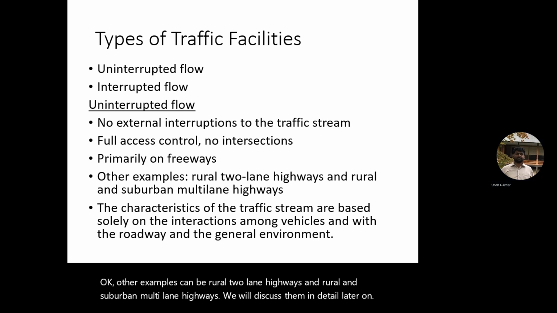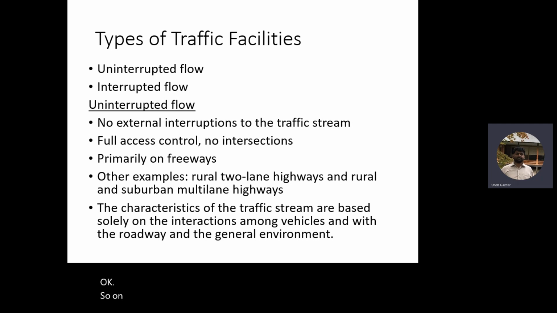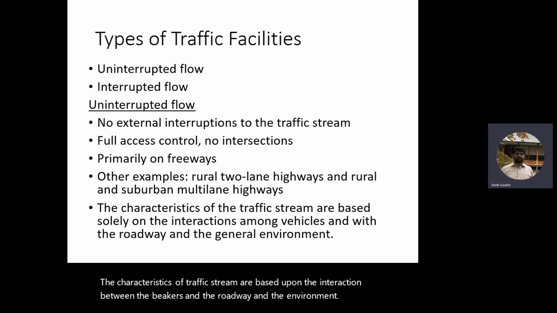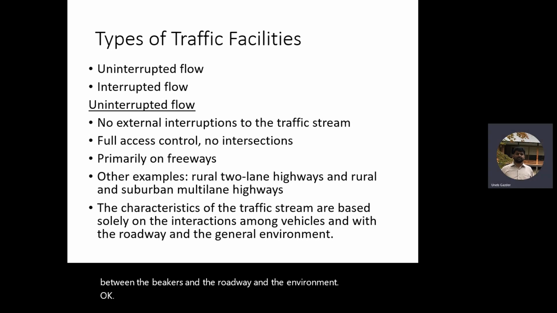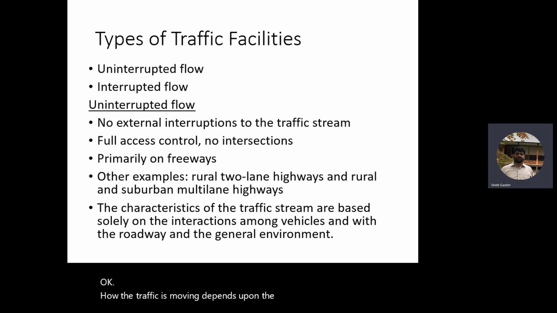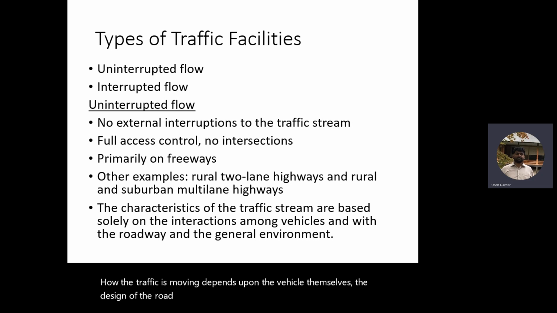Okay, so on uninterrupted flow facilities, the characteristics of traffic stream are based upon the interaction between the vehicles and the roadway and the environment. Okay. How the traffic is moving depends upon the vehicles themselves, the design of the road, and the environment around the road, and that's it.